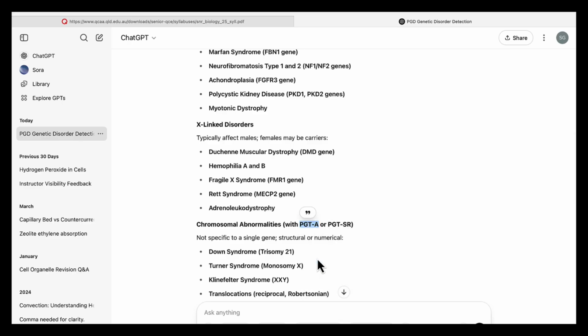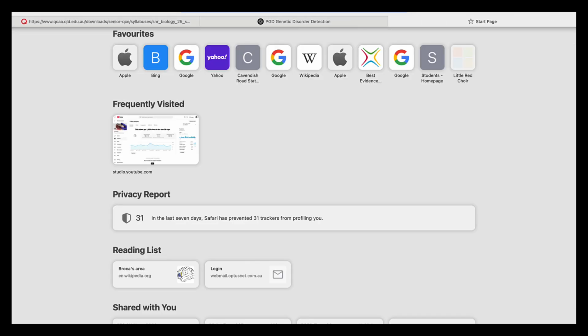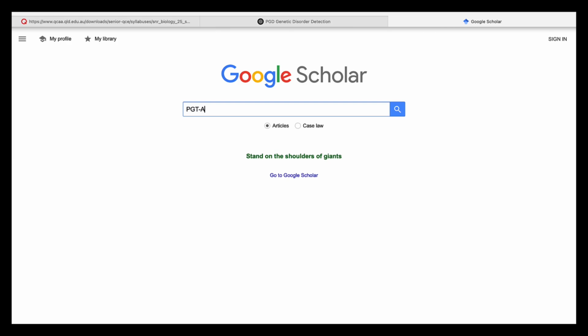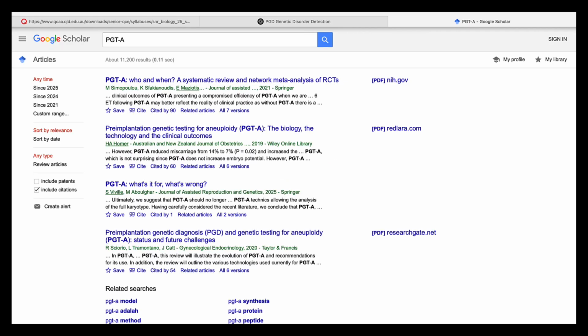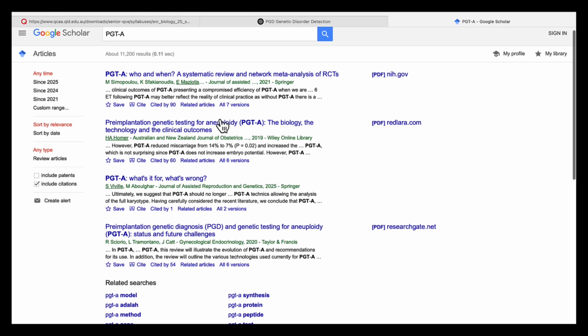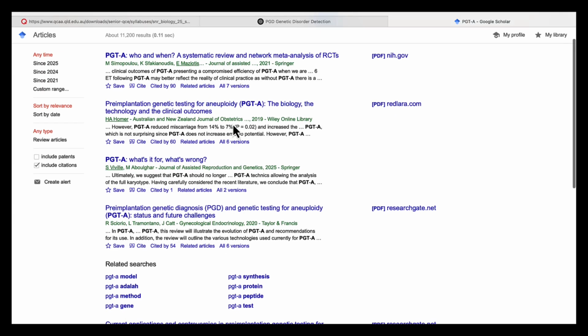Then maybe we can have a look at that, and we can go into Google Scholar. PGTA, and what are we looking at here? Pre-implantation genetic testing for aneuploidy. So A is for aneuploidy. Okay, we're starting to get somewhere.